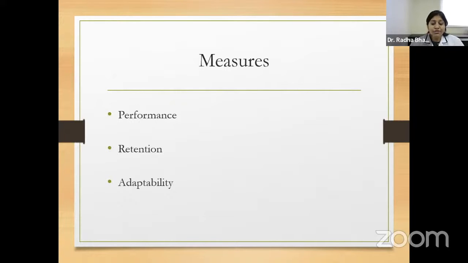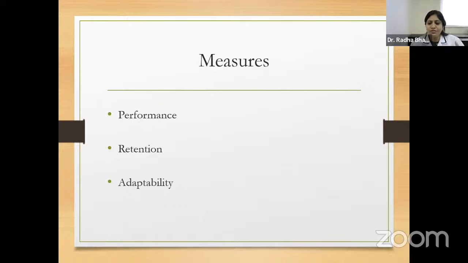One more important measure of learning is adaptability. Fine, you taught, there is change in performance, there is retention, but adaptability is very, very important. What does adaptability exactly mean? You are training your patient in a particular environment, and there he is able to do it, but can he reflect those things in his real environment, or with certain modification?